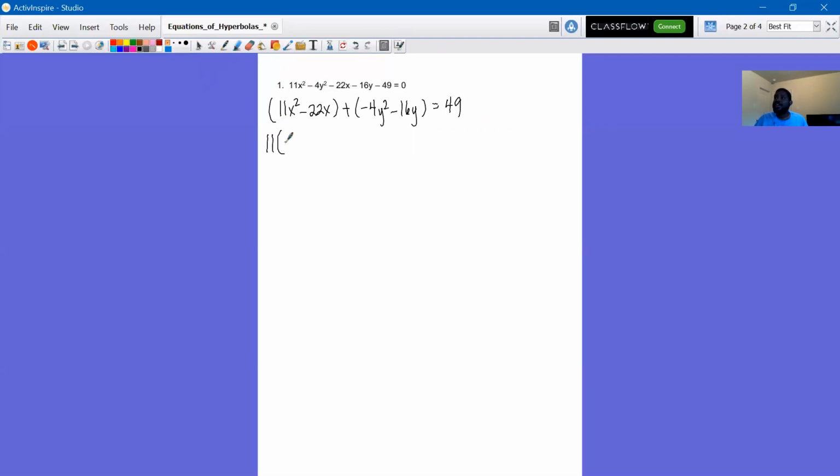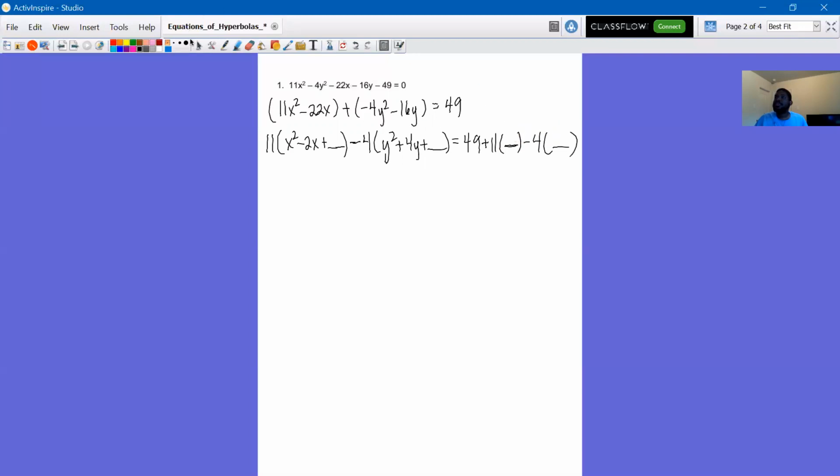So we factor out the 11 here, we get x squared minus 2x plus blank, minus 4, which is the b term we're going to factor out, which is negative 4, y squared plus 4y plus blank equals 49 plus 11 times blank minus 4 times blank.